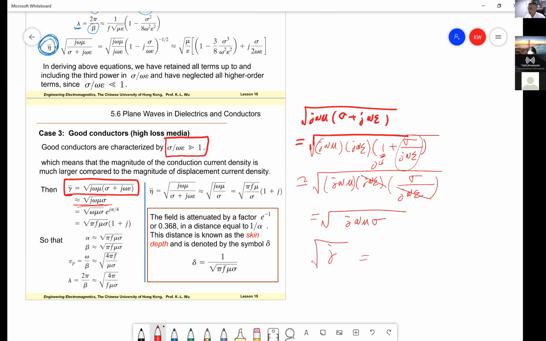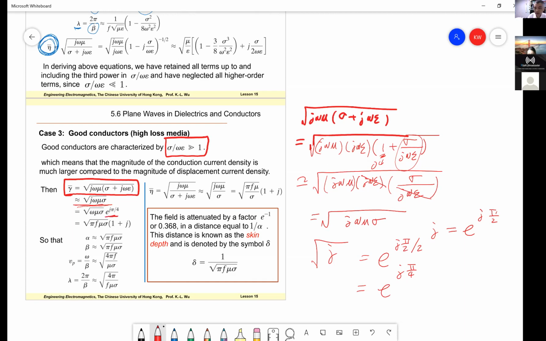We write j as pi over 2, so the square root of j is pi over 2 divided by 2, or j pi over 4.